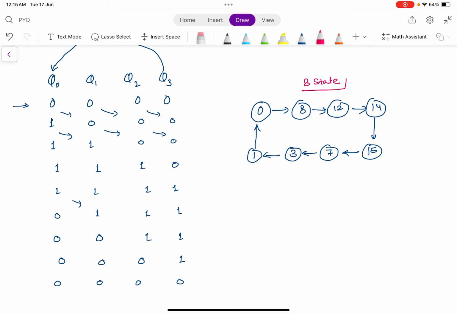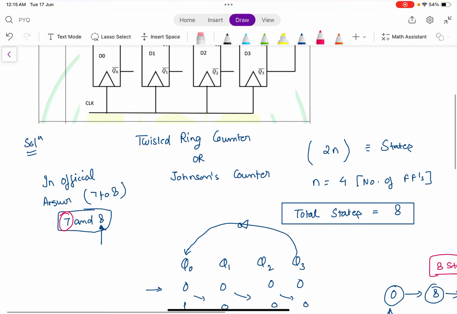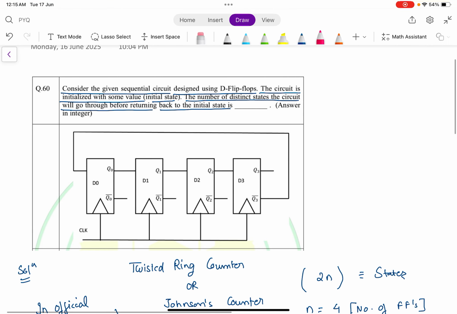Now the interesting point is how the answer key would accept 7 also. See, in the question it is said the number of distinct states the circuit will go through before returning back to the initial state. So it's saying that before returning to the initial state, how many distinct states are there after the 0.